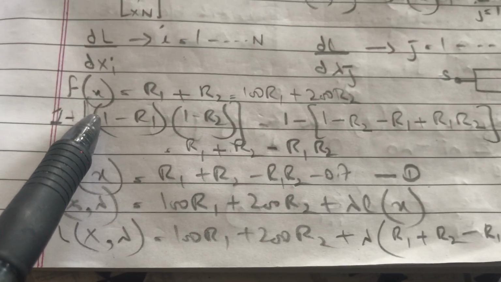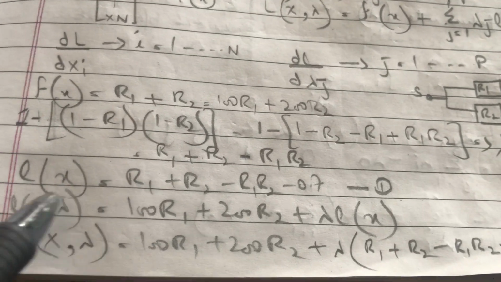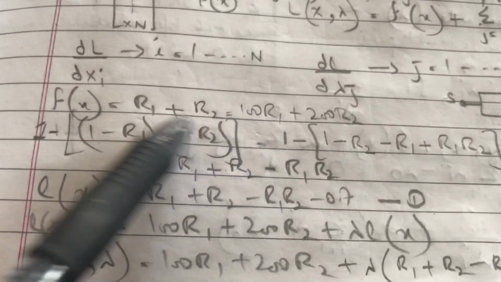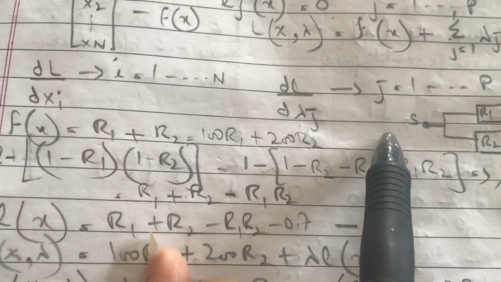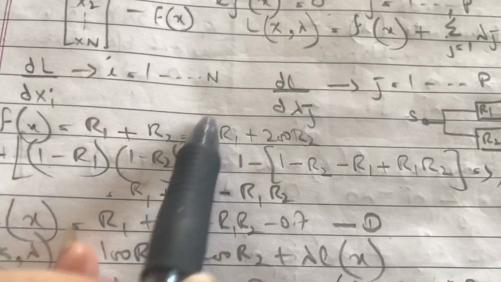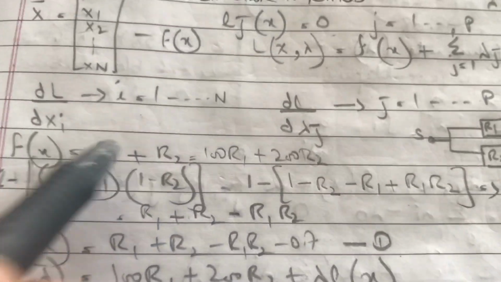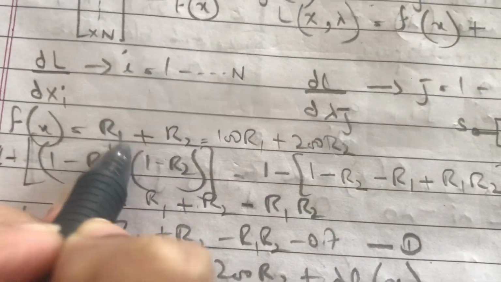It is 100 r1 plus 200 r2. This is our f of x. We did not have to find it, it's given already, because we know that our f of x is the sum of cost 1 and cost 2.